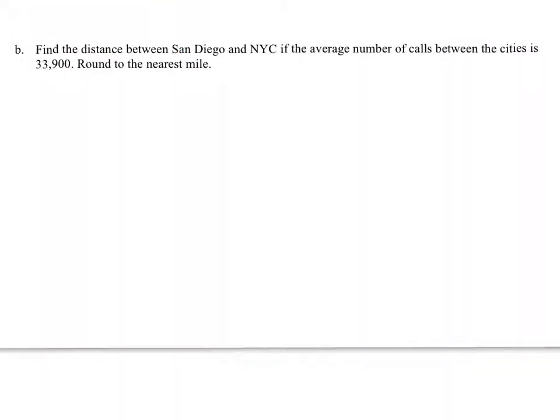And on part B, we are finding the distance between San Diego and New York. Okay, so I'm going to write this equation again. A D squared over P1 times P2.